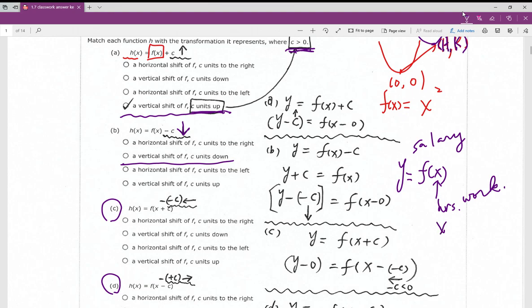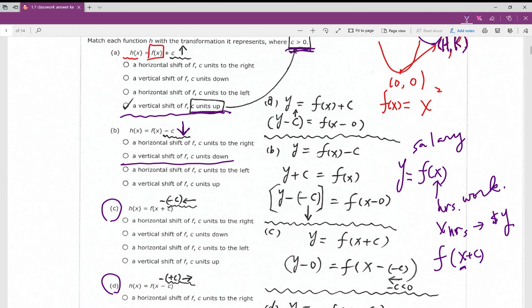So x hours, you earn y dollars. Now what happens if you have f of x plus c? So if you work x hours, your boss considers you worked x plus c hours.